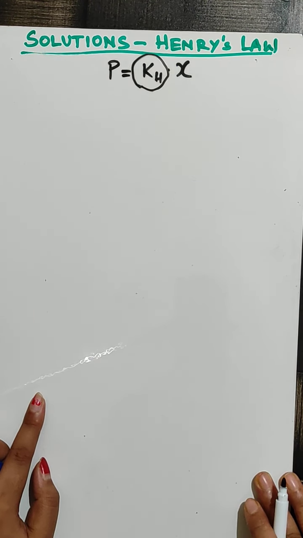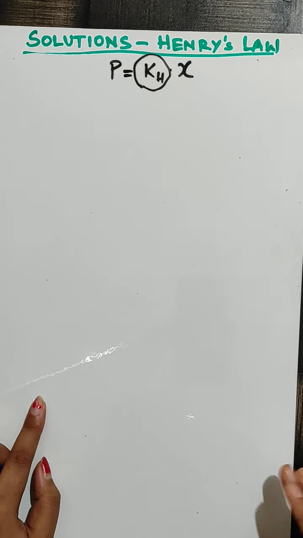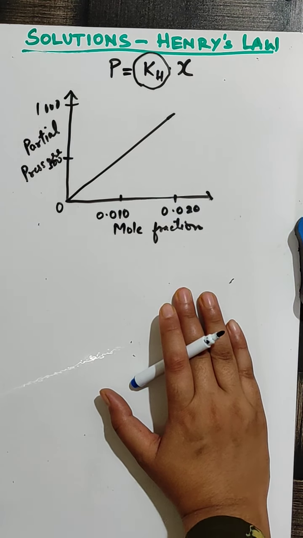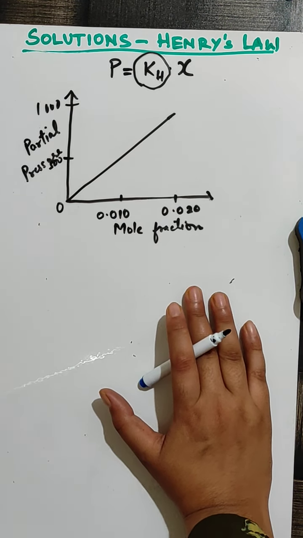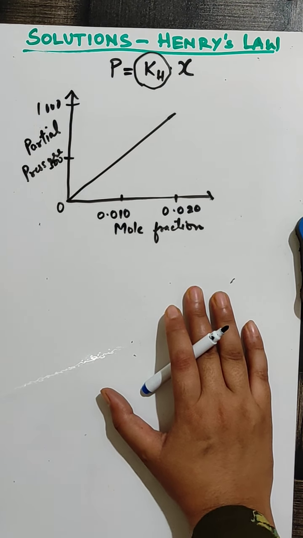So how is Kh calculated? Different experiments were done, and some scientists plotted a graph. One experimental result was seen for the solubility of HCl gas in cyclohexane at 293 Kelvin. So let me draw this graph. This graph is the experimental result for the solubility of HCl gas in cyclohexane at 293 Kelvin.